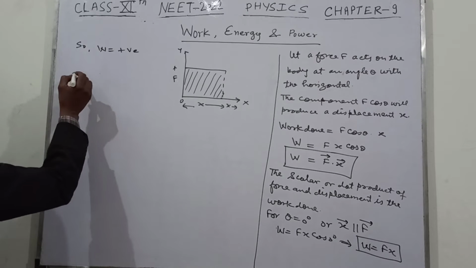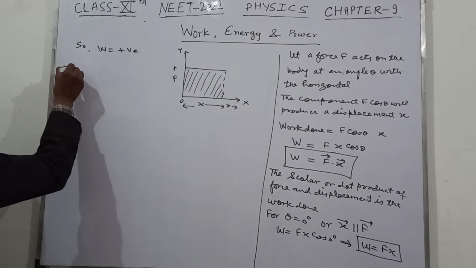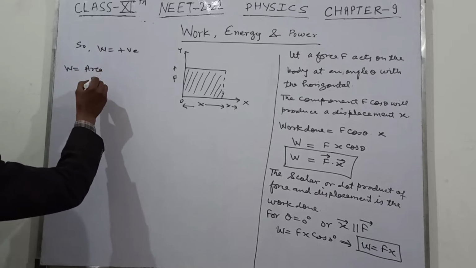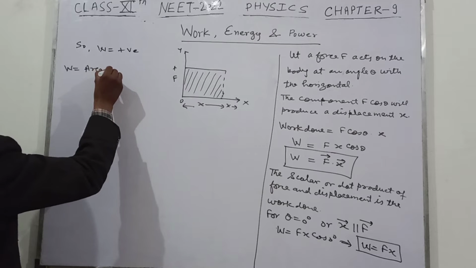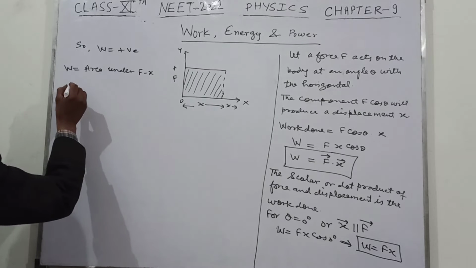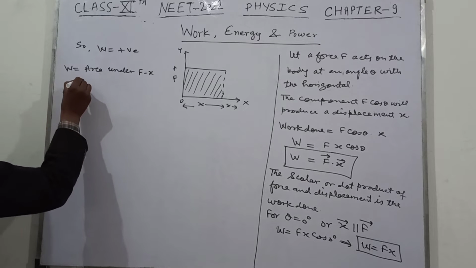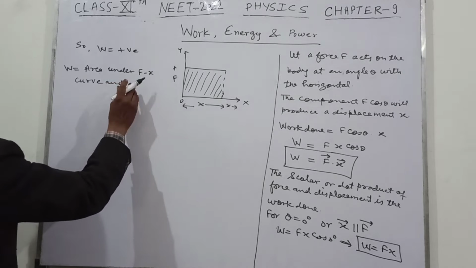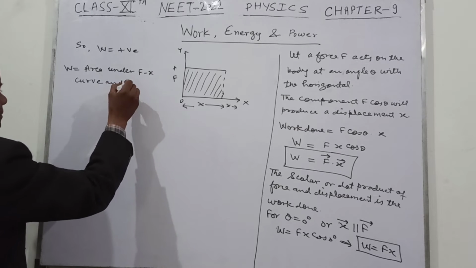So W equals the area under the F-x curve and x-axis.